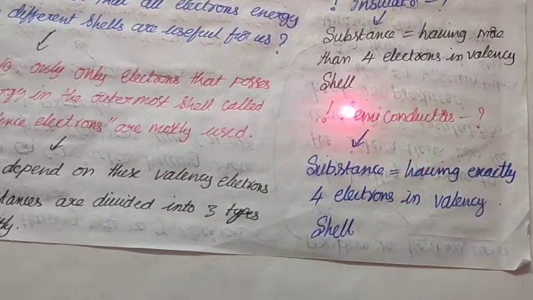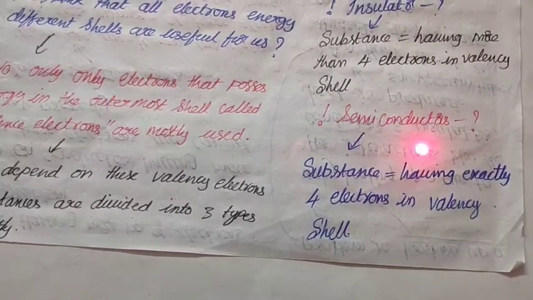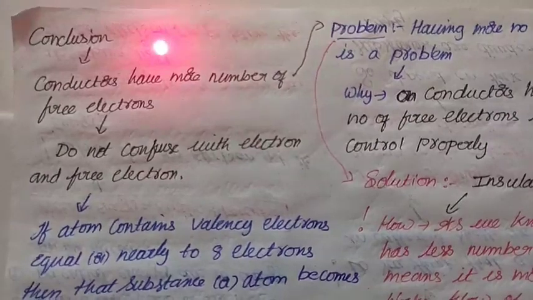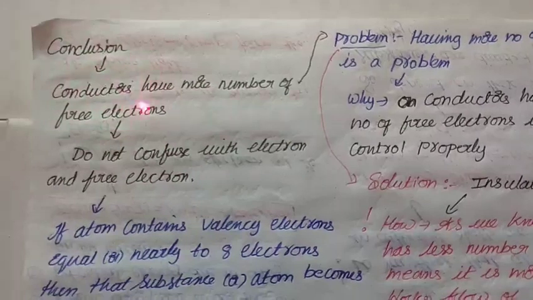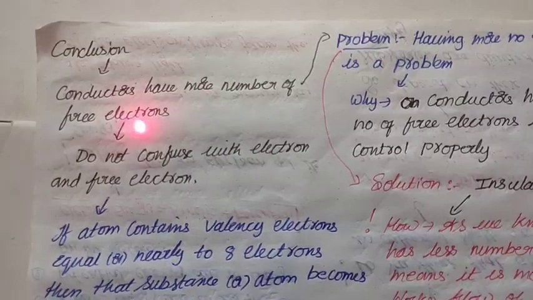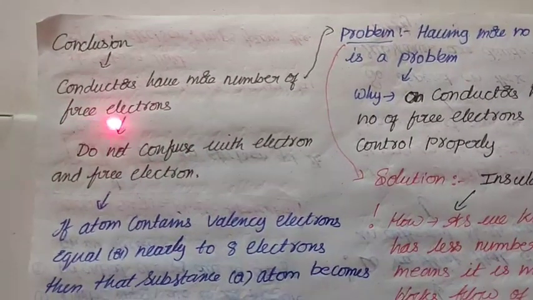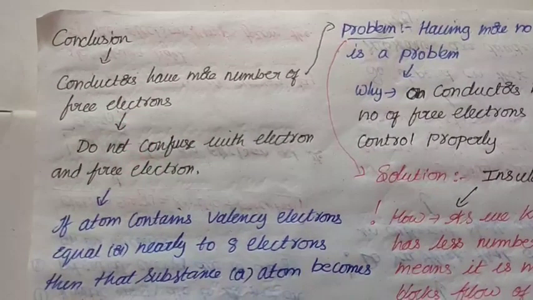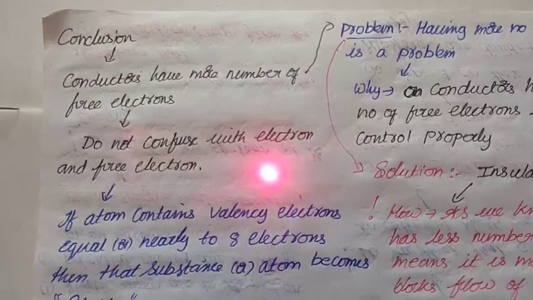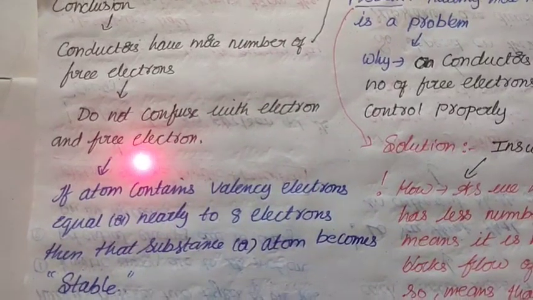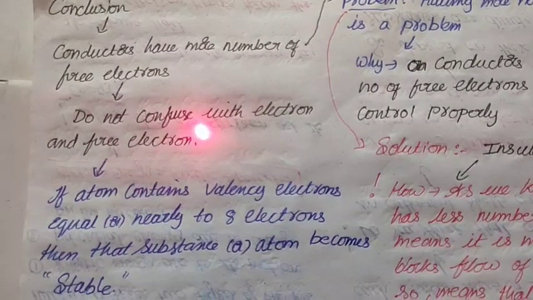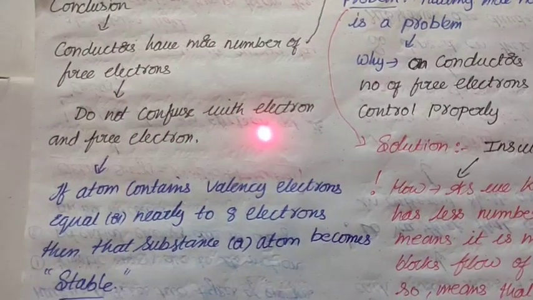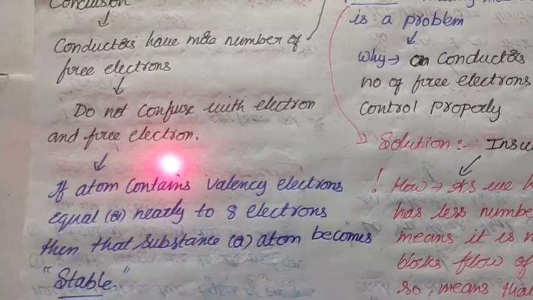To conclude the previous topic, conductors have a large number of free electrons. Do not confuse electrons with free electrons, because an insulator also has electrons but there are no free electrons.